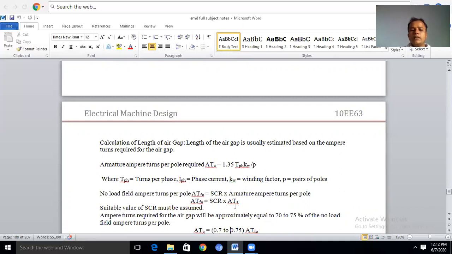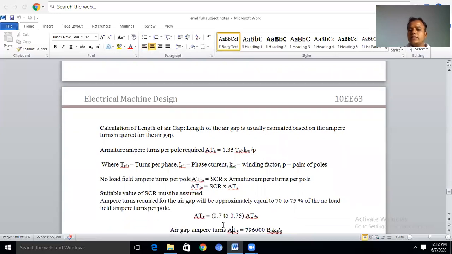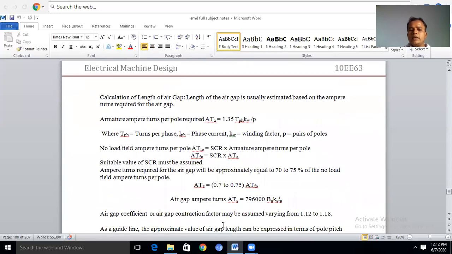So now a suitable value of SCR must be assumed here. The ampere turns required for the air gap will be approximately 70 to 75% of the no load field ampere turns per pole. Hence ATg will be 0.7 to 0.75 ATF naught. So the air gap ampere turns ATg will be approximately 796,000 Bg Kg Lg, where 796,000 is the constant term.